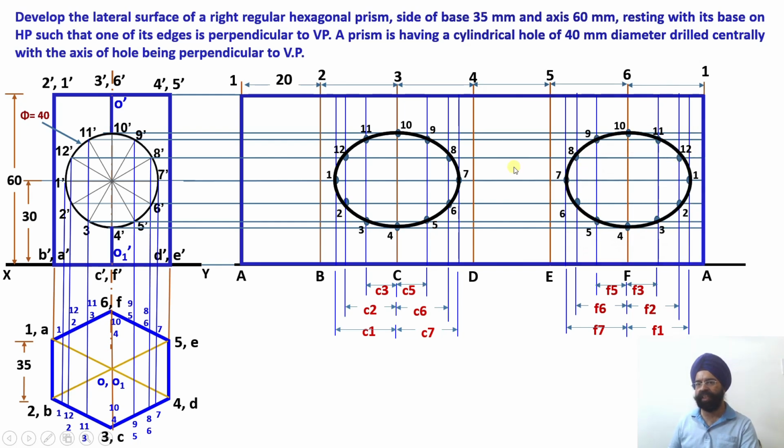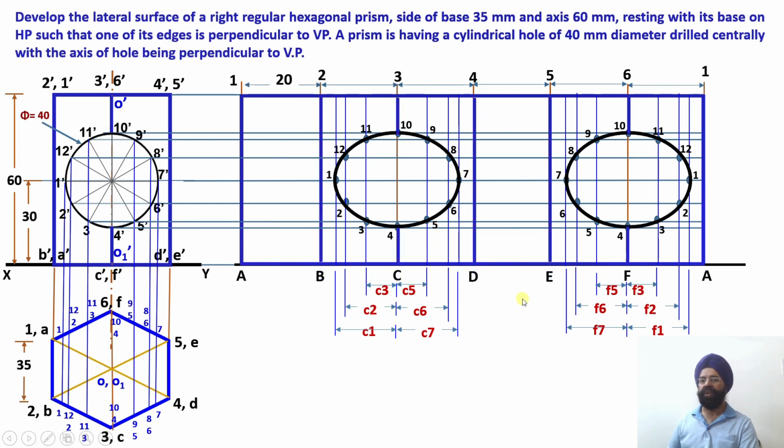Now having drawn this ellipse, now the vertical edges which are uncut, they will be joined. So vertical edge 1, vertical edge 2, vertical edge 3, and the two vertical edges which were intersected or pierced by the circular hole, they will be joined. The remaining portion, that is the uncut portion, will be joined over here.